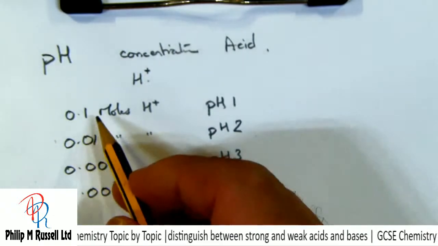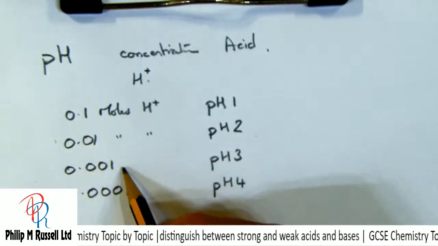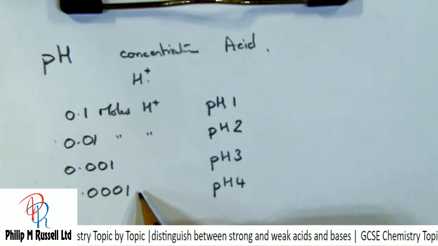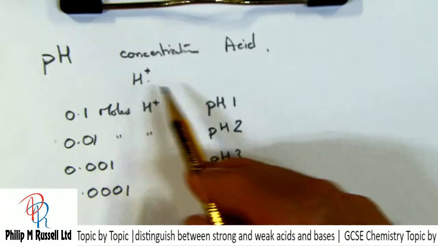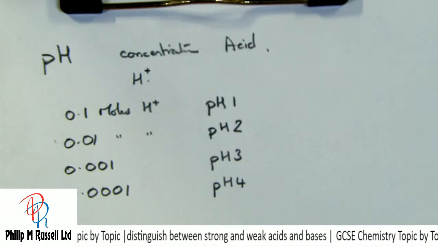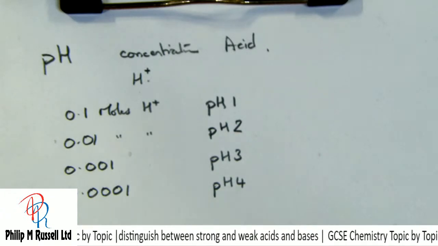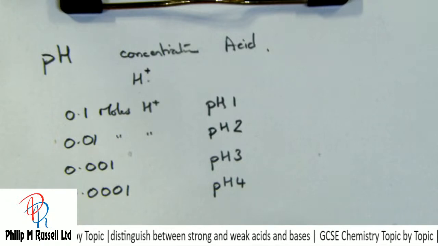So as the concentration of hydrogen ions gets less, we call it a weaker acid. There are fewer hydrogen ions to react with.